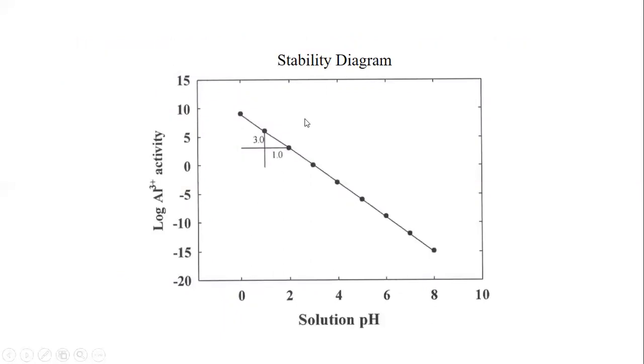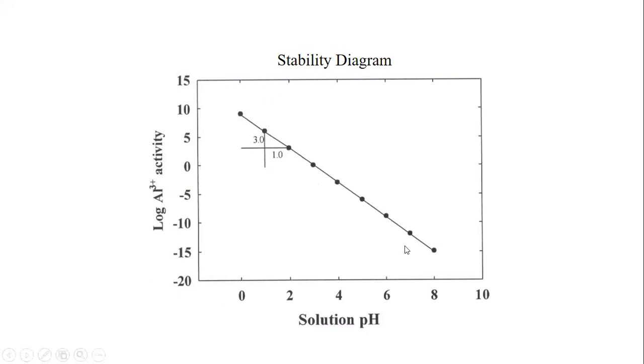So if we draw that type of relationship, you put on the y-axis log aluminum activity and on the x-axis the pH. We draw this from so many salt solution samples we collect, and you have a straight line relationship.